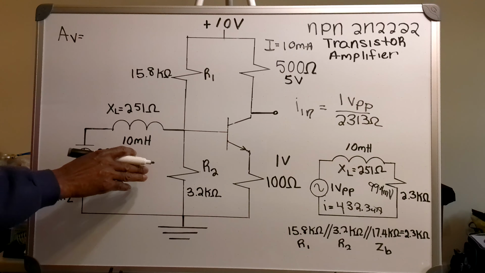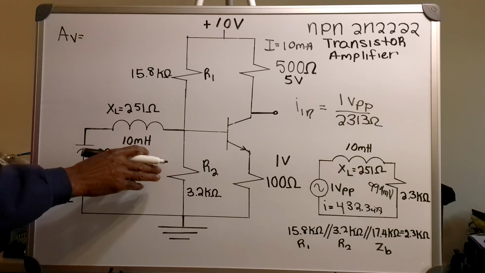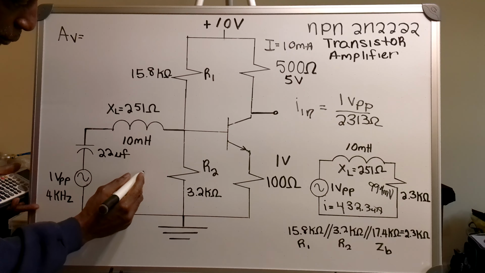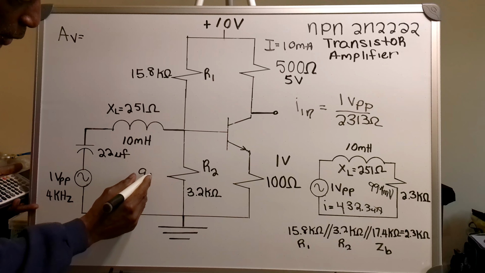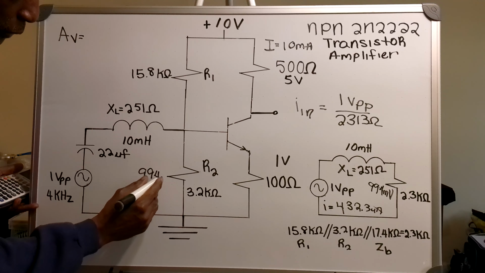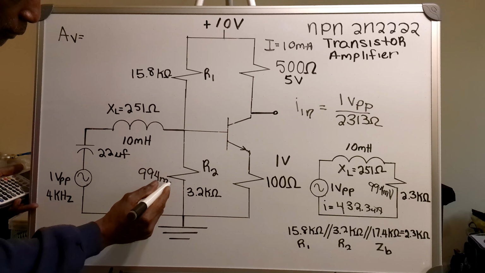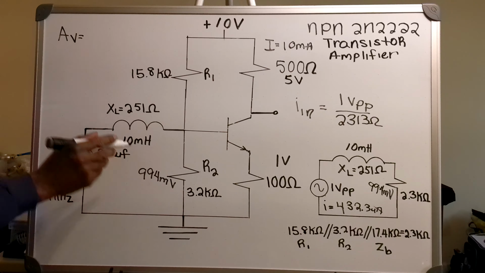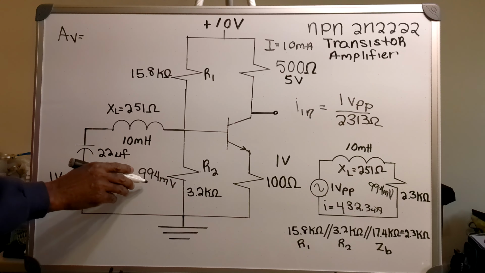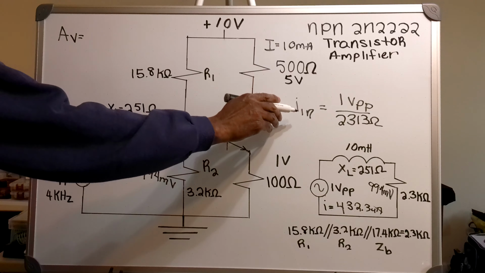So my input voltage is 994 millivolts. Now that voltage will be the voltage that will be amplified out here.